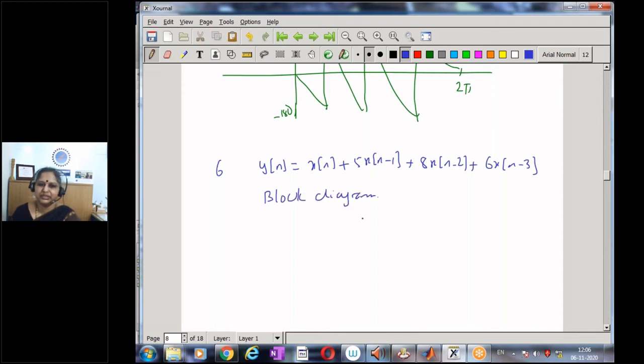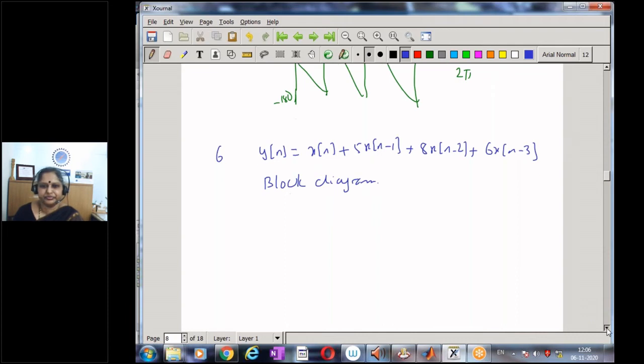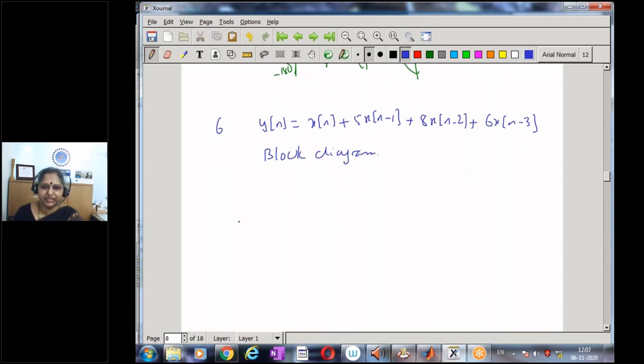In this example, we do not have a feedback, and we have distinct constants, so we have a very simplified method of representing this system. If I have my input as x of n, here I'm going to have x of n minus 1 because this is a delay.